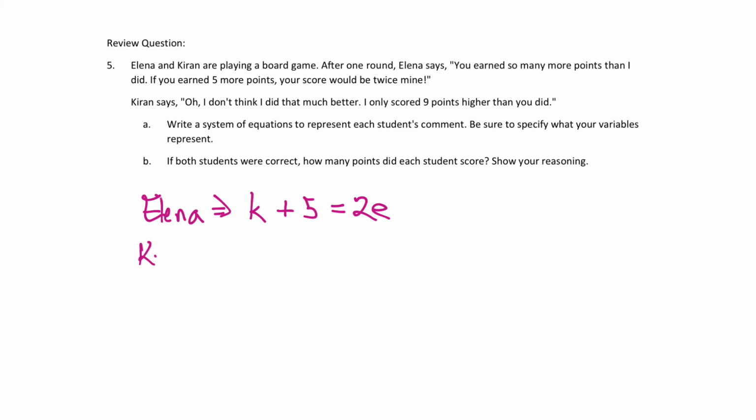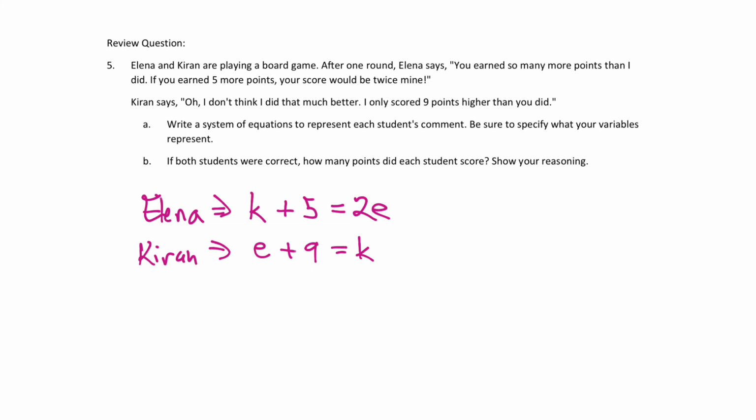Now, Kieran says, don't be silly, I didn't do that much better. I only scored 9 points higher than you did. So Kieran says that Elena plus 9 points equals Kieran's score. Those are your 2 equations. We'll say K equals Kieran, E equals Elena. If both students were correct, how many points did each student score?